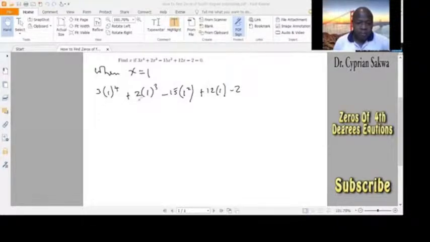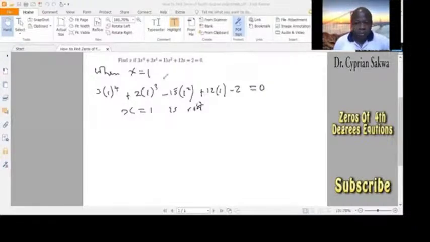This will be 3 plus 2, which is 5, minus 15, that gives you negative 10. Negative 10 plus 12 gives you positive 2. Positive 2 minus 2 gives you 0. So yes, x equals 1 is a root to this. We've already found one of the solutions. x equals 1 is a zero to this equation.